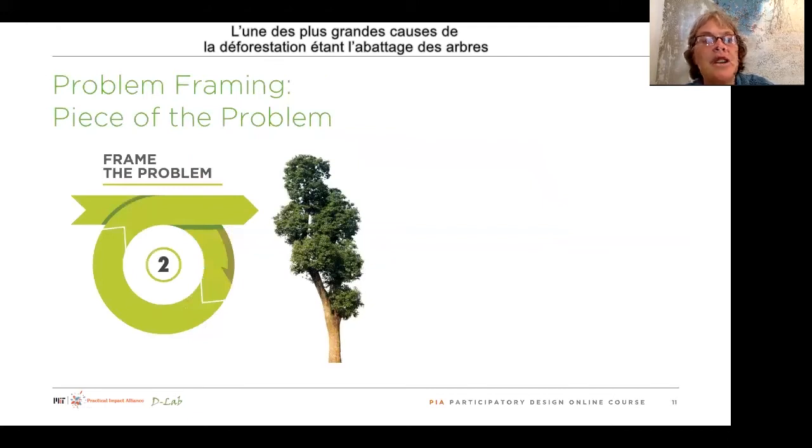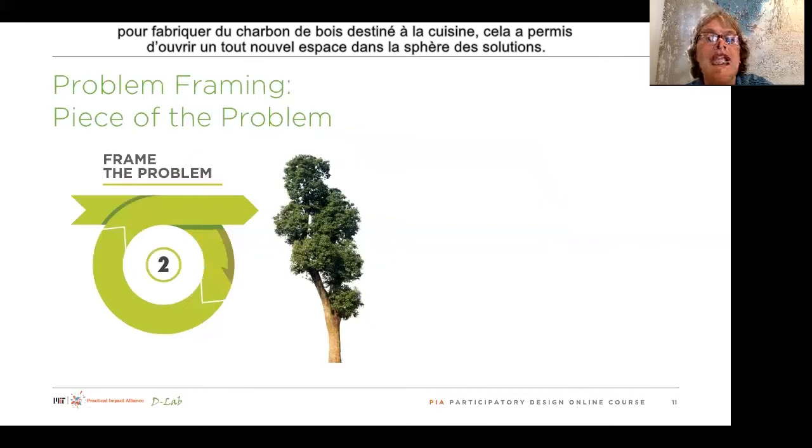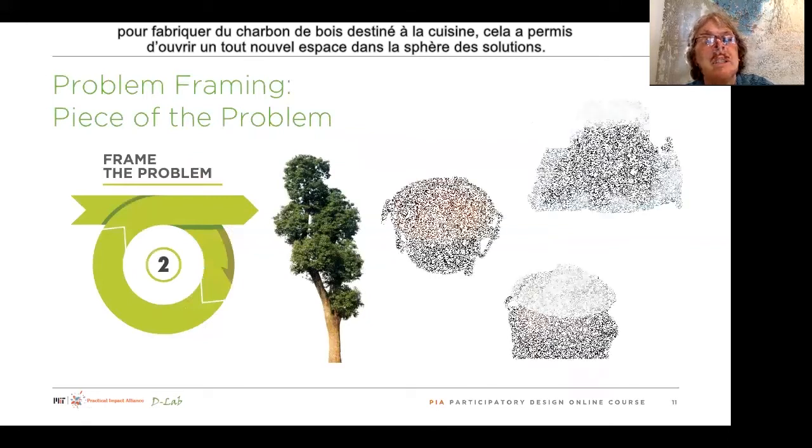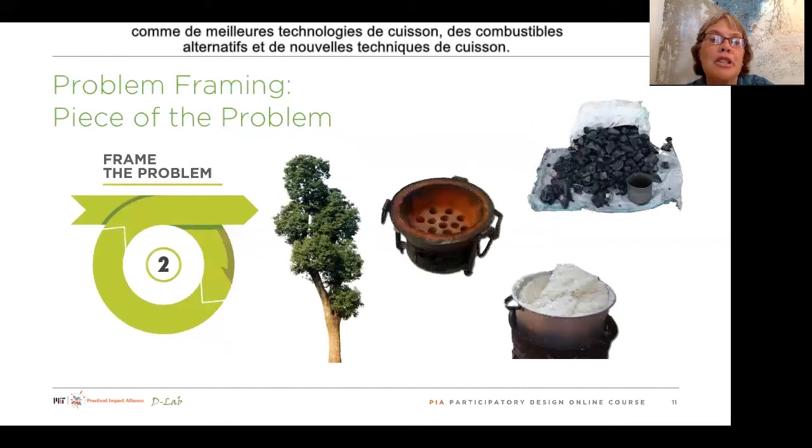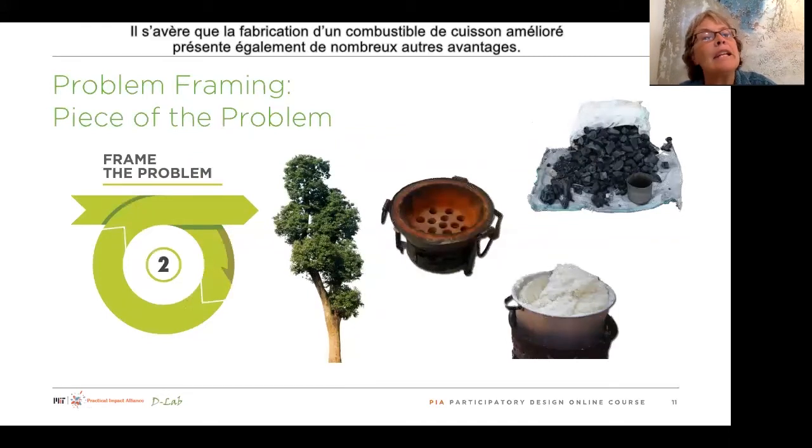Since one of the biggest causes of deforestation was the felling of trees to make charcoal for cooking, that opened a whole new area in the solution space. And we started to explore different framings that focused on cooking, things like better cook stoves, alternative fuels, and new cooking techniques.